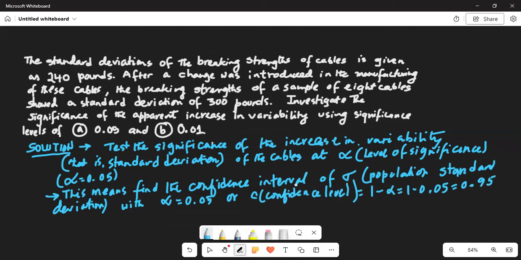So let's find the confidence interval for sigma.